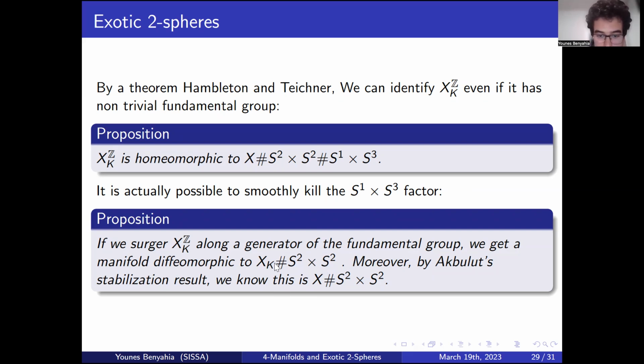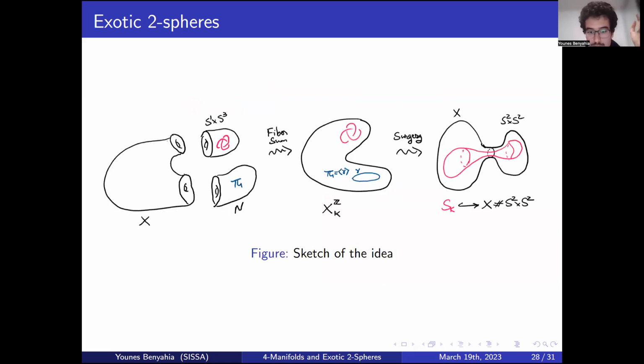One can show this. And by Akbulut's result, this is an exotic manifold stabilized, so we know that this is diffeomorphic to X connected sum S2 times S2. So by killing this gamma in pi one, you will actually kill the exoticness of the manifold.